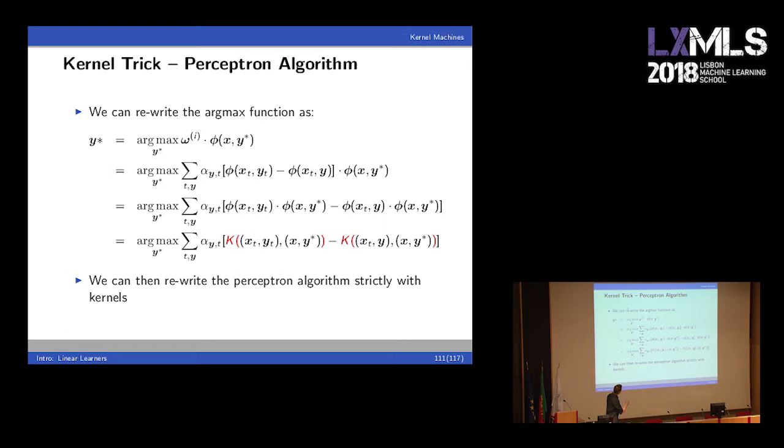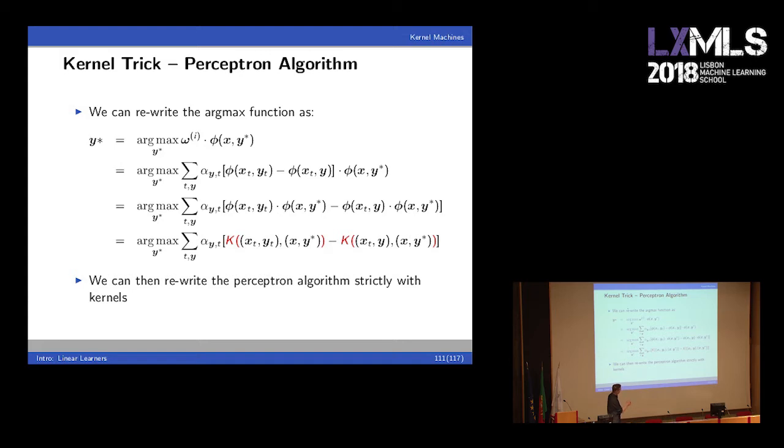So the idea is this is our decision function, w times phi. We replace w by what we just said it is before, namely the sum over the feature representations for all the errors that we made, and then we take the dot product with our gold standard, with the example.